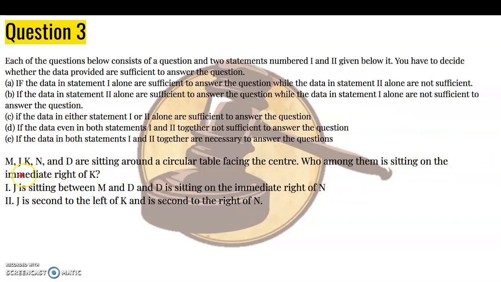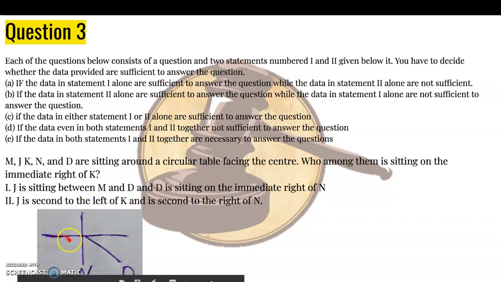So if we read statement 1, J is sitting between M and D. We cannot use this statement right now. And D is sitting on the immediate right of N. We can use this. So we make a diagram like this. Since there are 5 people, there will be one odd person here. We can assume that N is here and D will be on the immediate right.